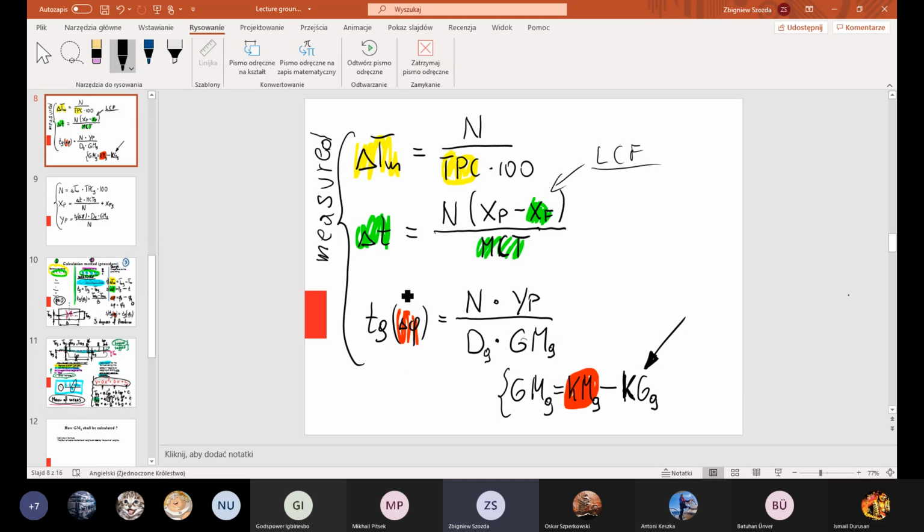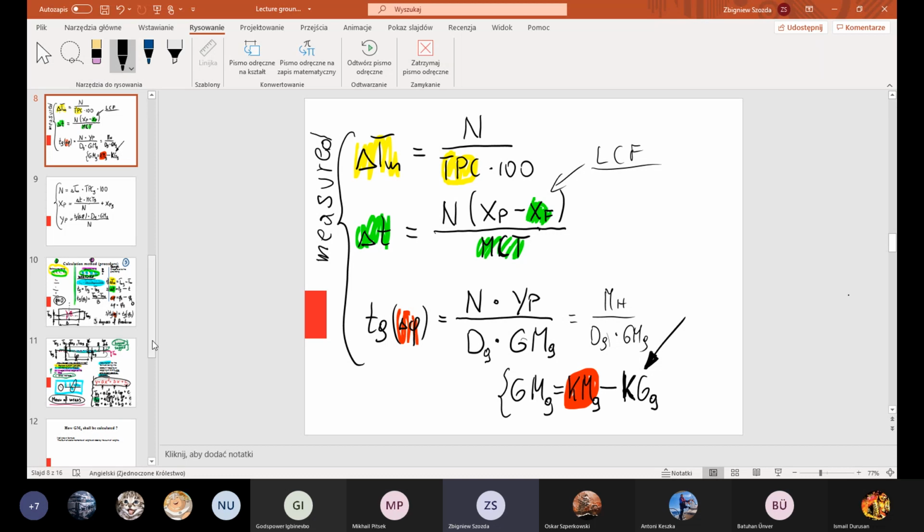And the last one, tangent of the change of the angle of heel. This is moment that acts on the ship in transverse direction, divided by the displacement after grounding, of course, and divided by initial metacentric height, of course, after grounding.